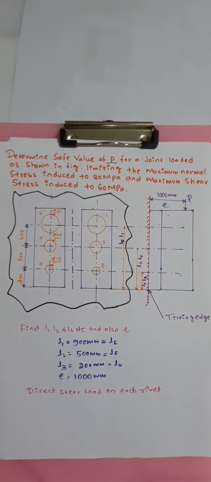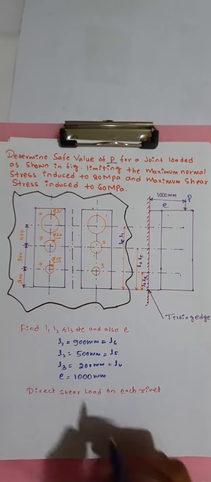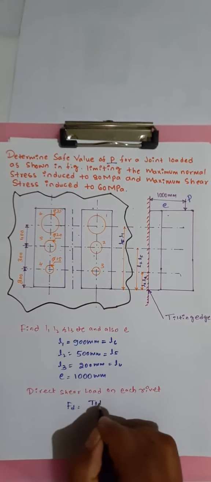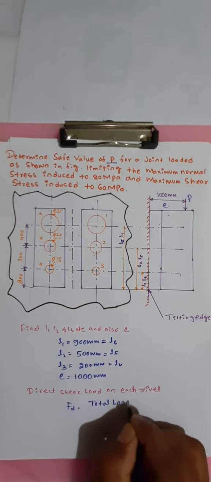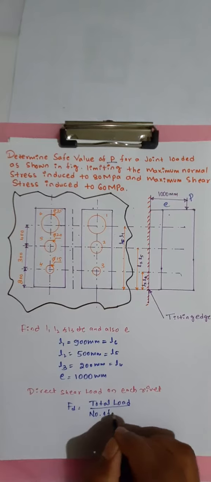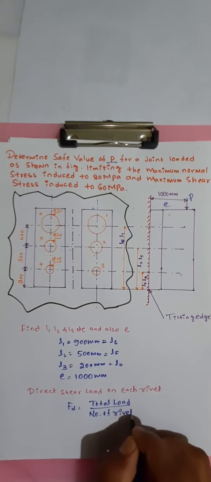You can see that if you want to find out the direct shear load, we know the equation: Ft is equal to the total load divided by the number of rivets.